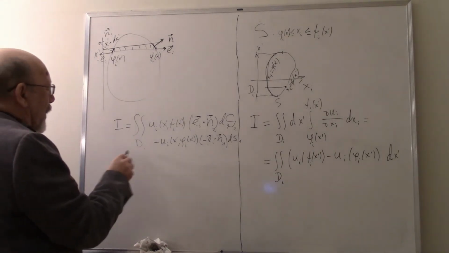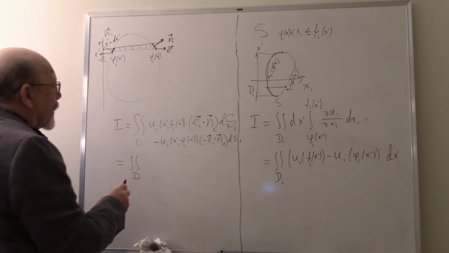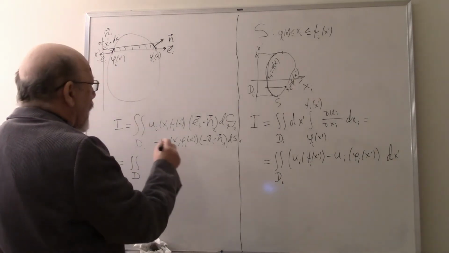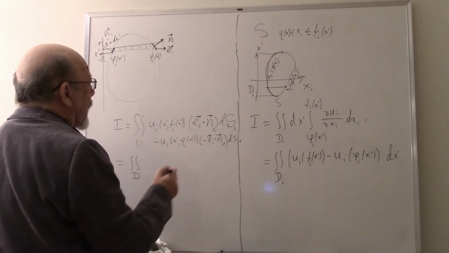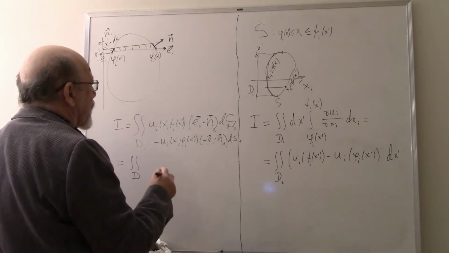So we can write it equals the integral over Di. We have minus here and minus here, so they give plus.